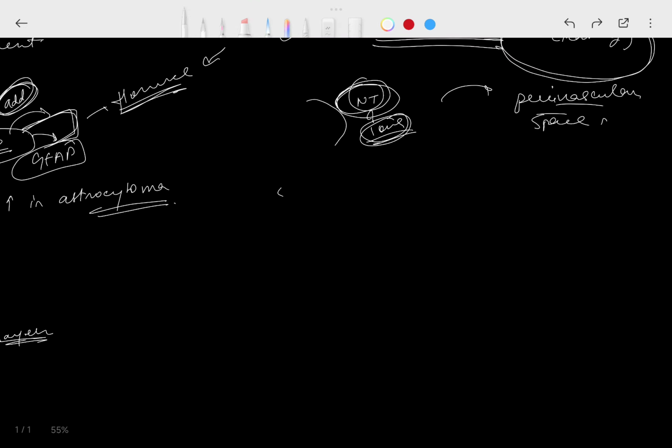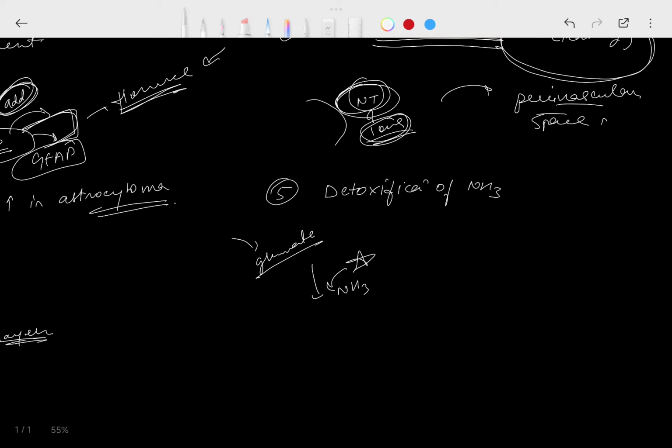It also does detoxification of ammonia. With neuronal signaling there is release of glutamate in the synapse. Then what do astrocytes do? They add NH3 to the glutamate and make glutamine, with the help of the enzyme glutamine synthetase.